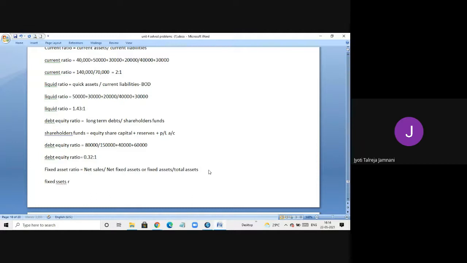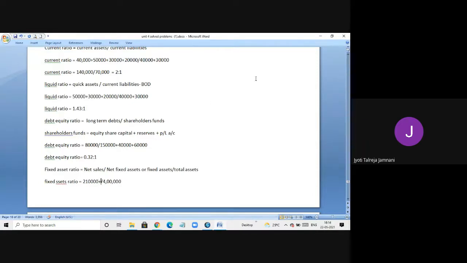Fixed asset ratio equals fixed assets 2,10,000 divided by total assets, because I'm using the second formula, as the sales value is missing. So divided by 4 lakh. Actually, we should be taking goodwill also, because that's also a fixed asset, just intangible in nature.